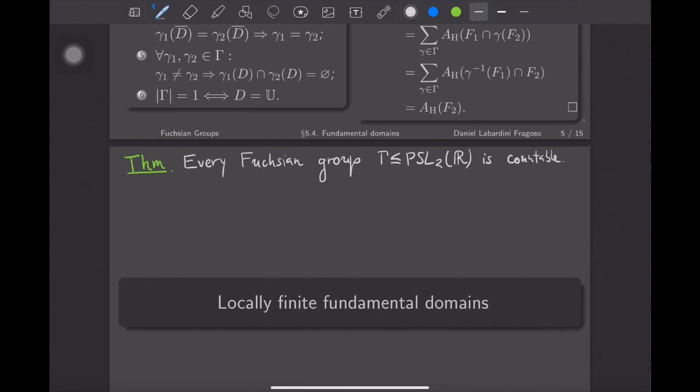Now I'm hesitating. Maybe it's finitely generated, they could be infinitely generated. Yeah, that could be.